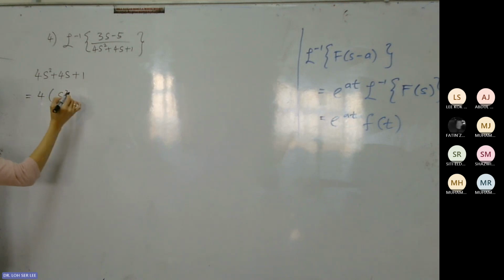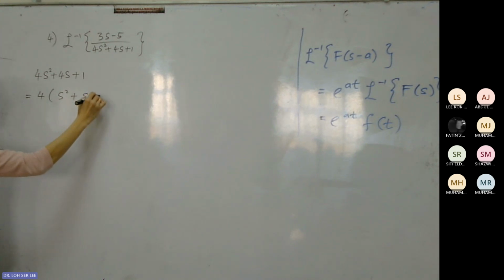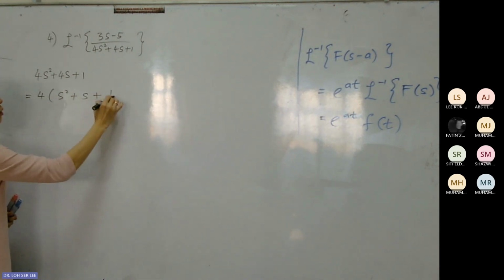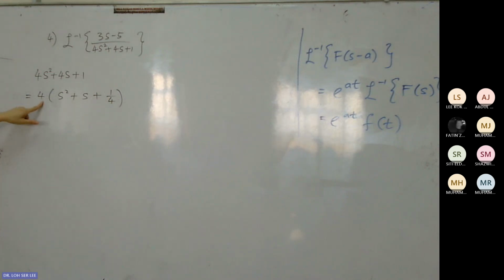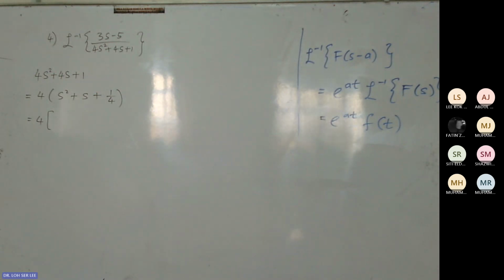So you have s squared plus 4 over 4, that means 1s, plus 1 over 4, because you are factorizing the 4 from all of these terms, because we want s squared times 1. Now after that, give a big bracket, then we will start to complete the square for the first two terms.